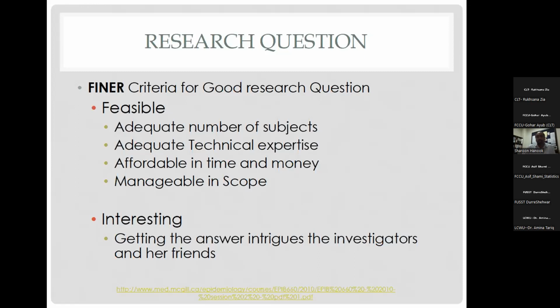Because if you are doing some genetic tasks, let's say you want to do sequencing of a gene, it requires a lot of money, right?